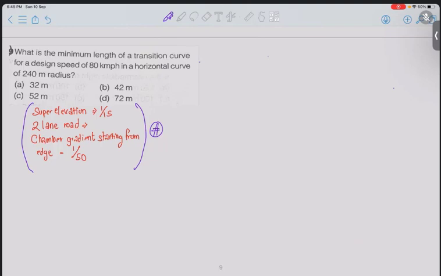Okay, so we are asked to calculate this. Another question, which I think has been asked in previous year questions: what is the nature of the curve which we use to model this transition curve? Is it circle, cubical, spiral, or parabola?